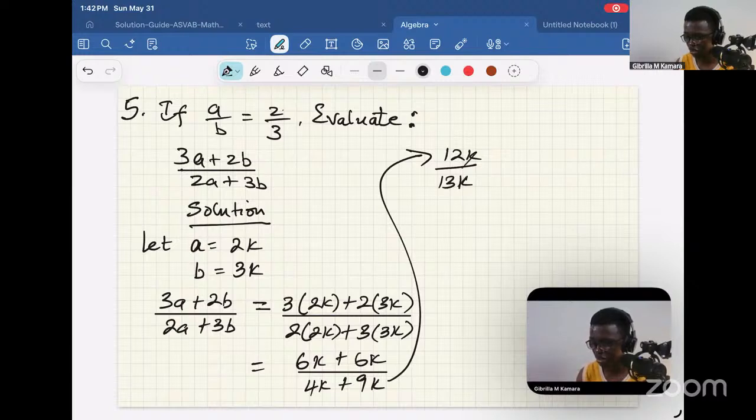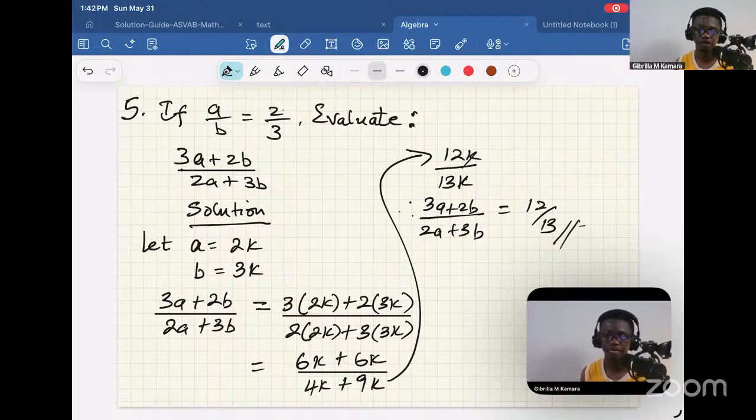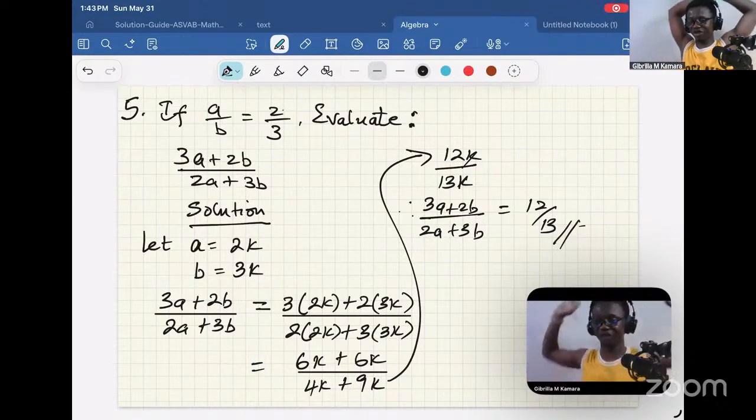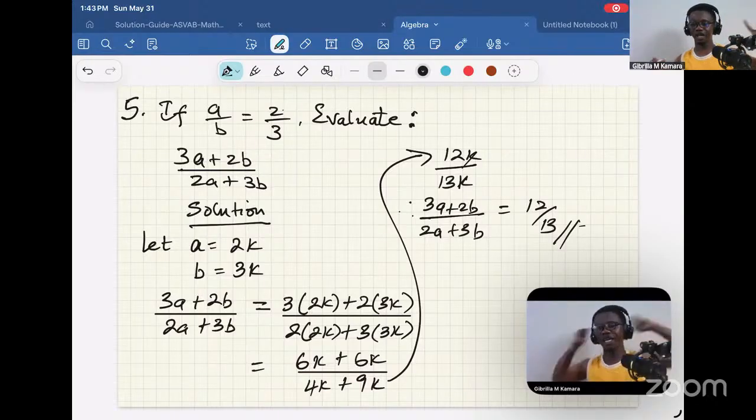This k cancels this k. Therefore, 3a plus 2b divided by 2a plus 3b equals 12 divided by 13. So that is the solution to that question. That's one method you can use, and the other method is easy.